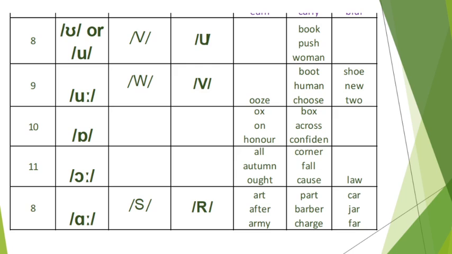Initially very rarely, for example, ooze. Medially, boot, human, choose. Finally, shoe, new, two, like this.